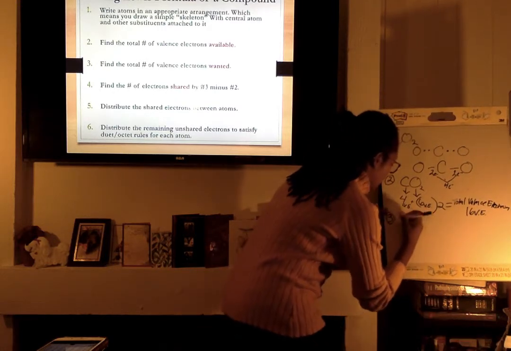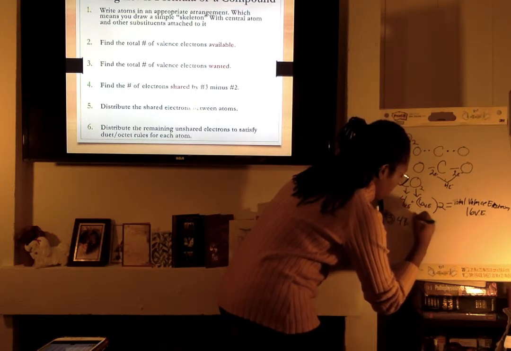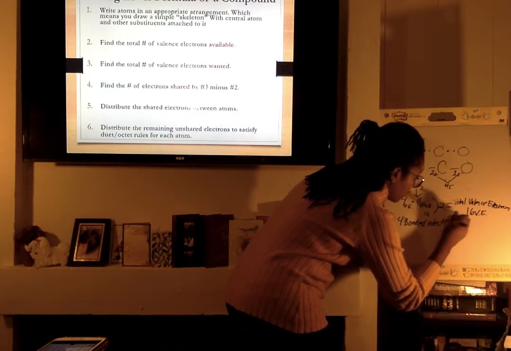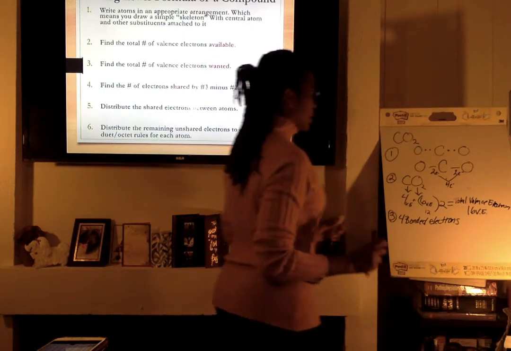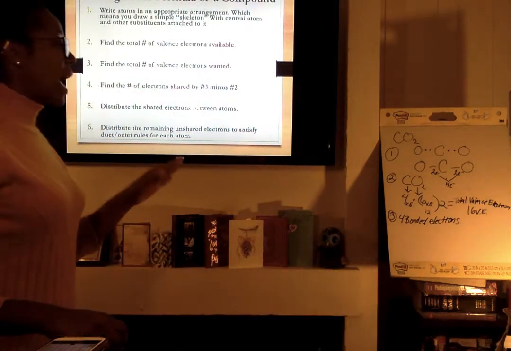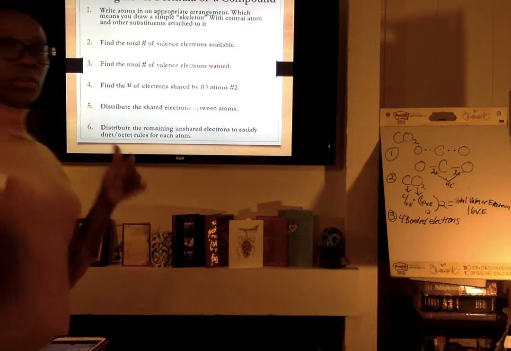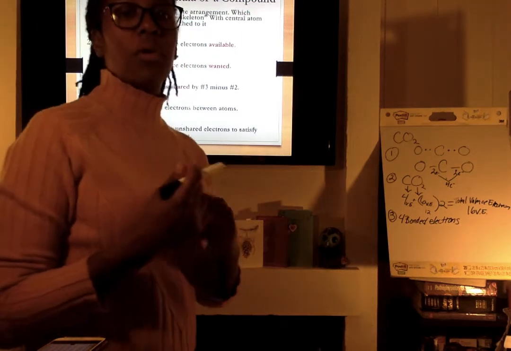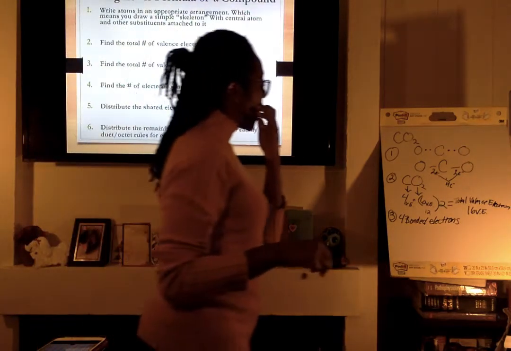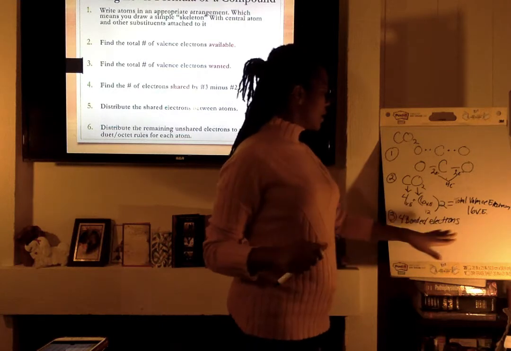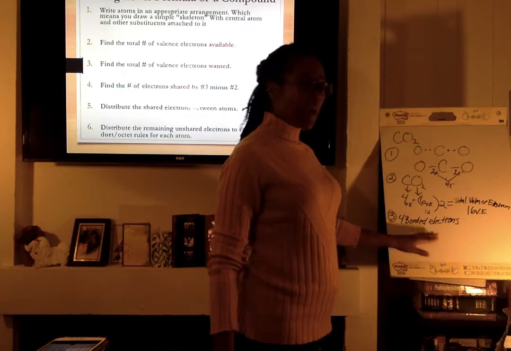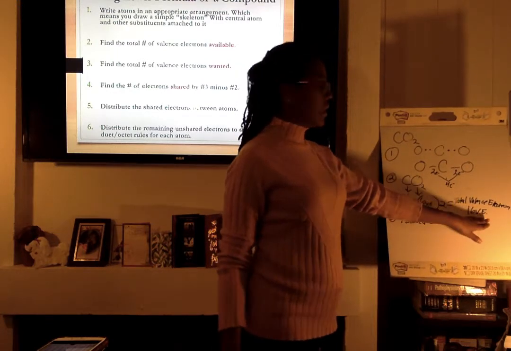So you would have four bonded electrons, right? So now what you want to do, in order to see how many free lone electrons we have, or lone pairs if there's more than one that can make a pair, is subtract the amount of bonded electrons from the total amount of valence electrons, because these bonded electrons are part of these valence electrons, right?